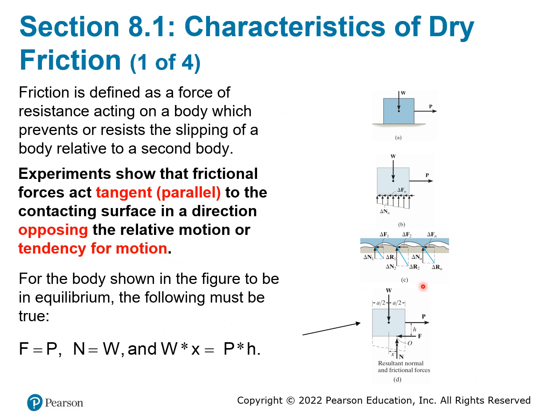If you look at the bottom part here, which is a free body diagram of the situation where you're pulling a block on a flat surface, we take out the bottom part, which is the contact surface. When we take out anything from the body, we need to put in the reaction force, where the reaction force is the friction force, and there's a normal force. The normal force is the supporting force to the block.